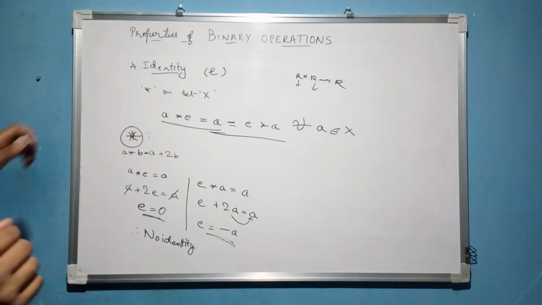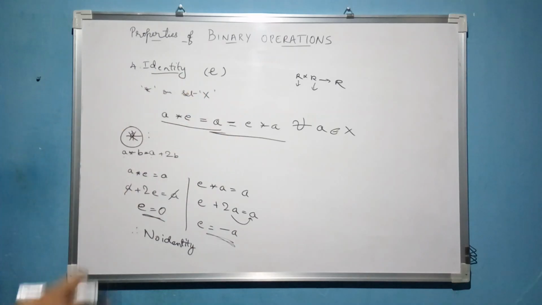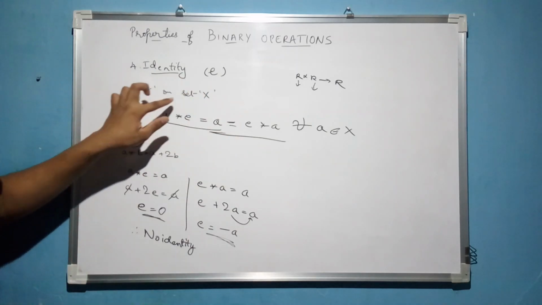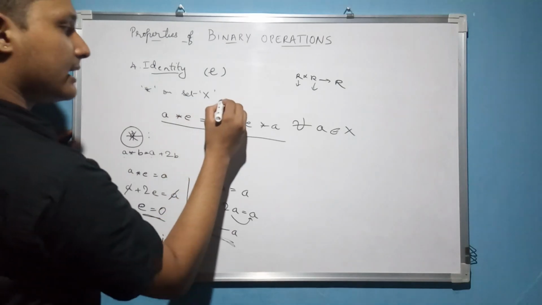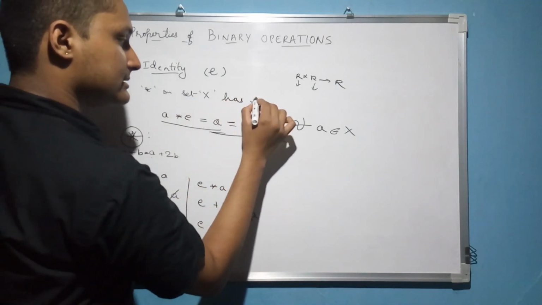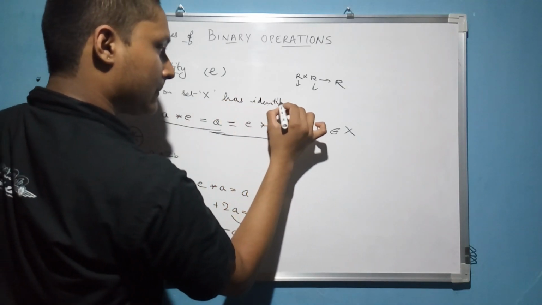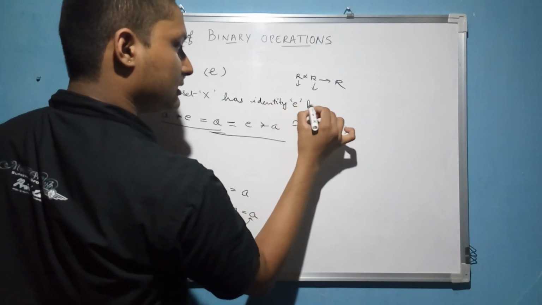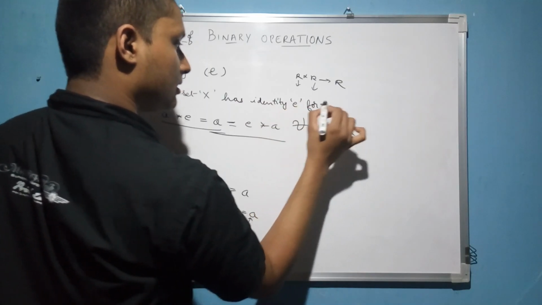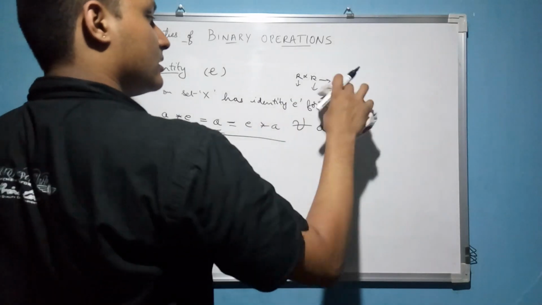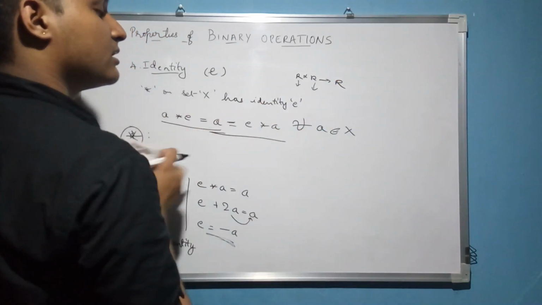Okay. So I need to add one more line based on what I found out here. Star on set X has identity E, if it exists.